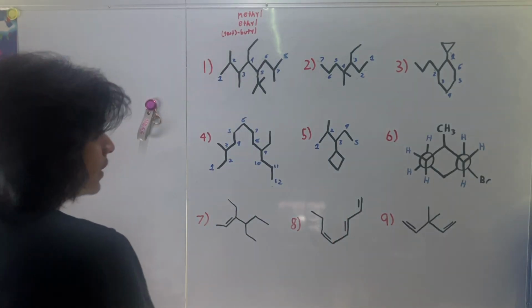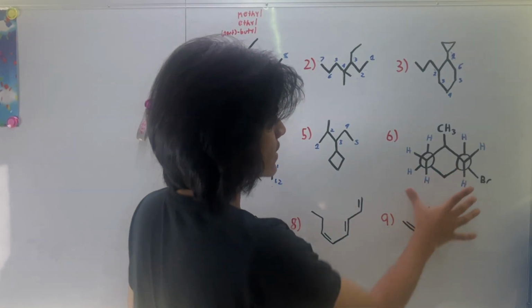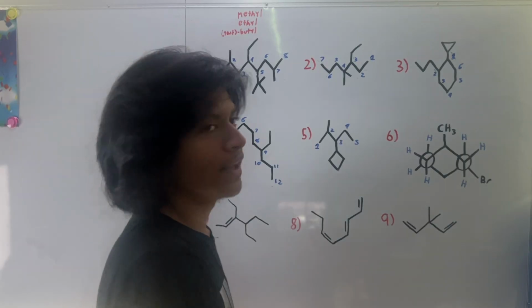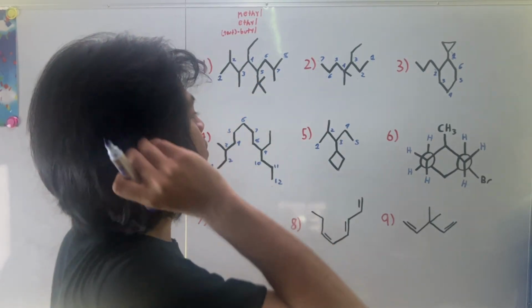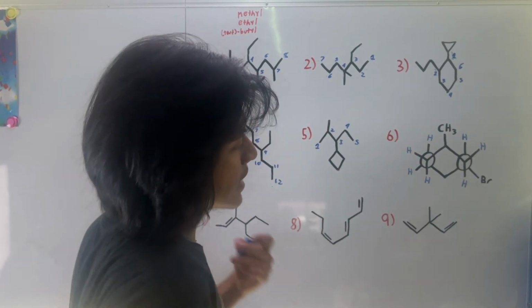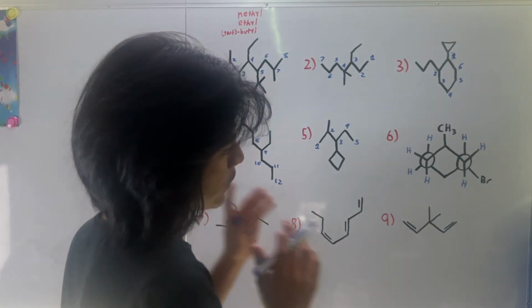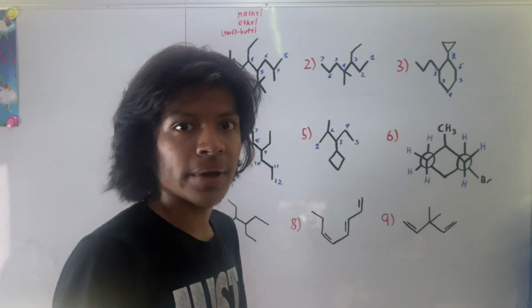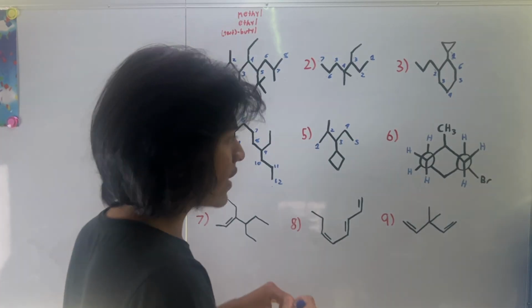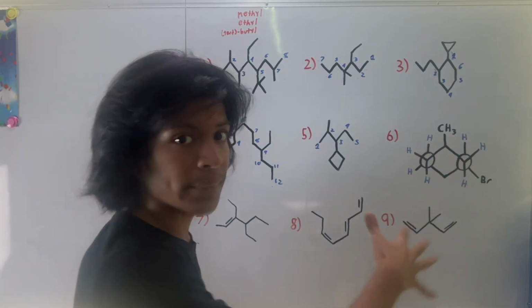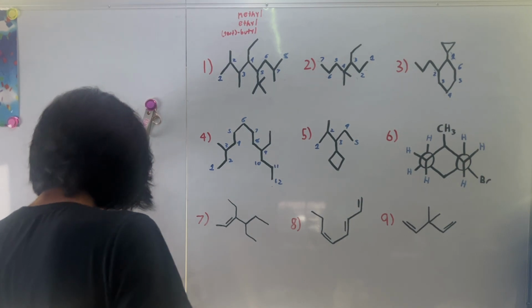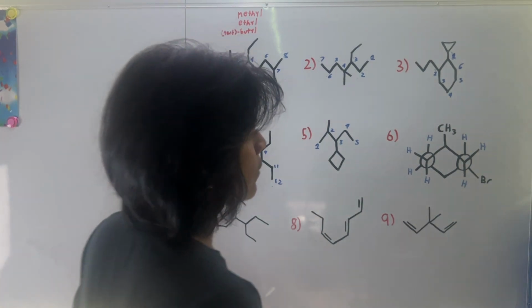All right. And here for number 6, we're looking at it in a Newman projection. So first what we're gonna do is write out the compound and see what it looks like, so that way we don't have to deal with this 3-dimensional mess pretty much. So I'm gonna write down the molecule in red.